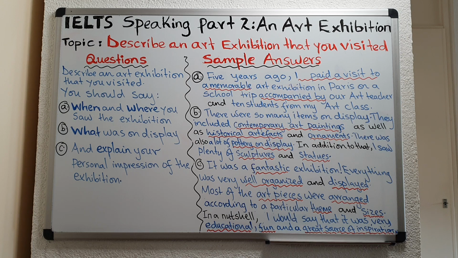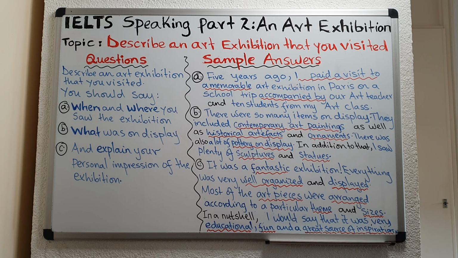The next tip, make sure that you use the correct vocabulary for the topic that you're talking about. In this case, we're talking about an art exhibition. So it is important to take note of the vocabulary that I have underlined for you in red.